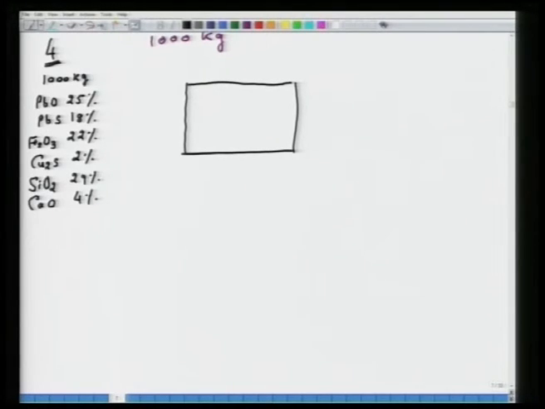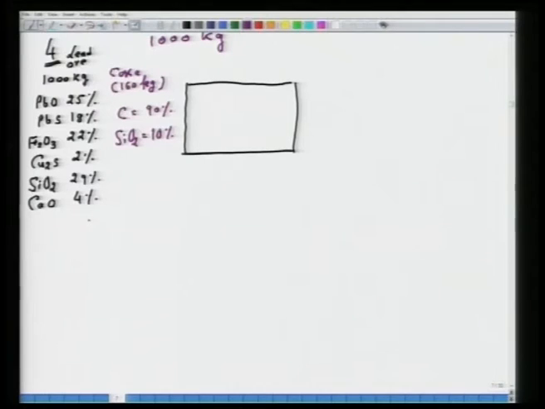Now, coke is 160 kg, and here carbon is equal to 90% and SiO2 is equal to 10%.